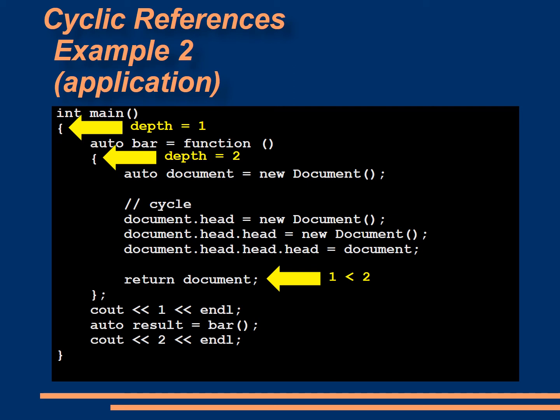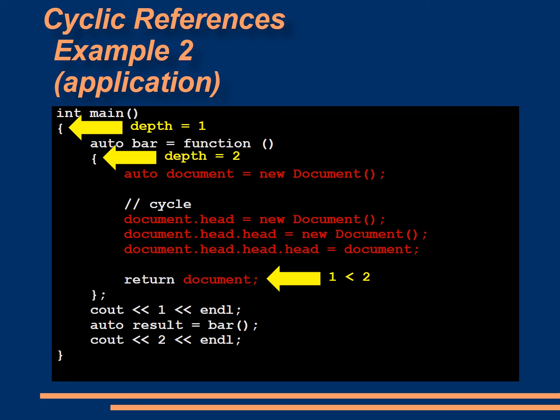And if we exit that bar function, we're going to compare the depth level of the object being returned with the depth level of the calling function. So we'll see here that the depth levels are going to be different when we return from that function.